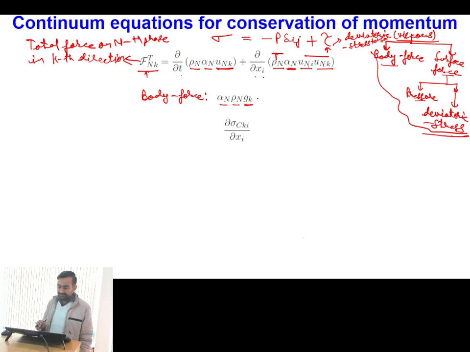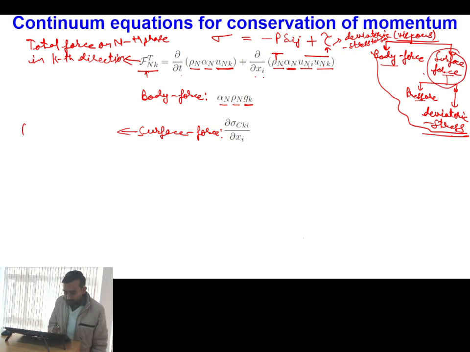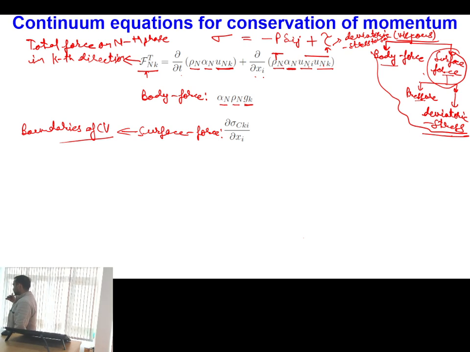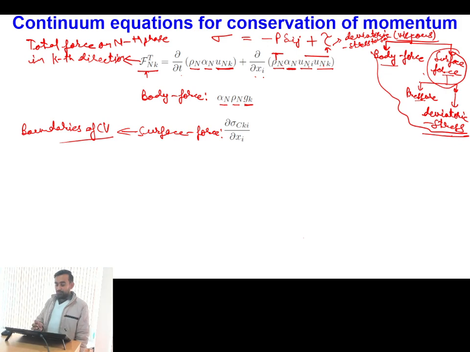Then, this is which force? Tell me. Surface force. Which type of surface force? This type of surface force which is acting on the boundaries of the control volume. Where is this force acting? It is only acting at the boundaries of the control volume. Okay. So, to understand this force, whatever formula I have written over here, we have to make one assumption. Okay, what is that assumption? Let me tell you.